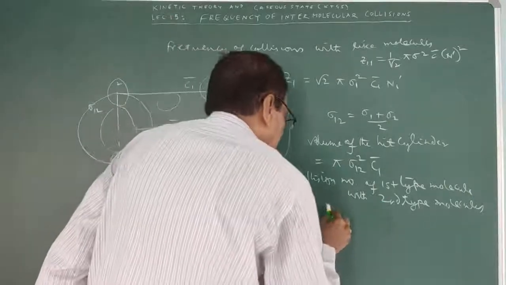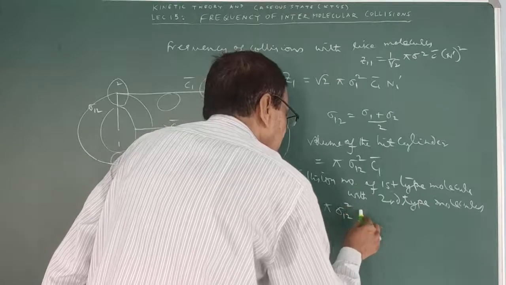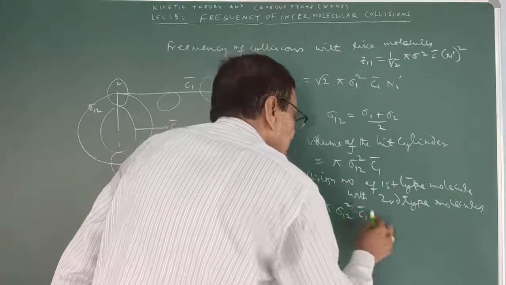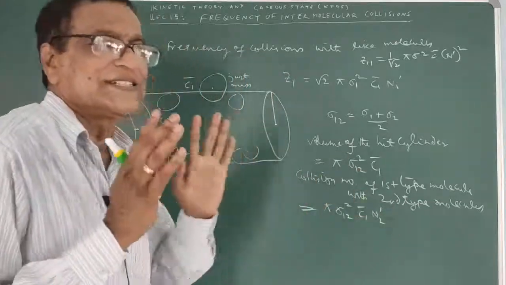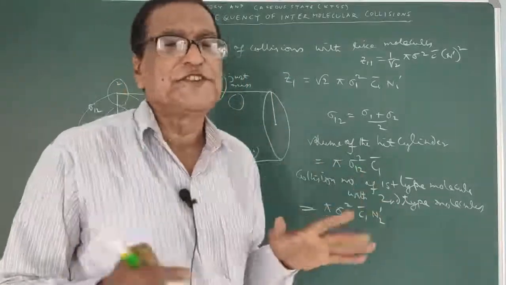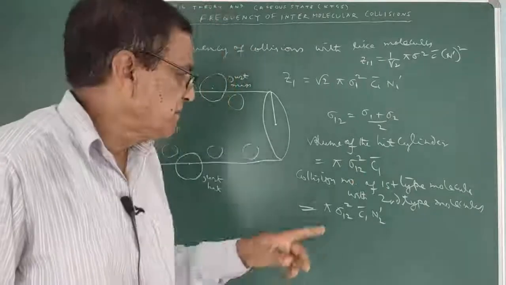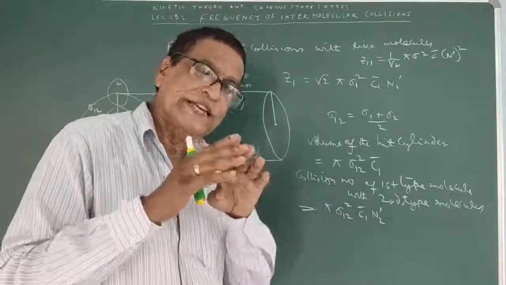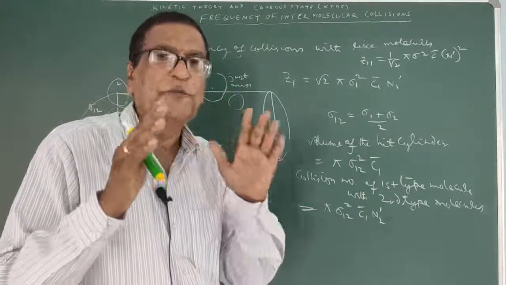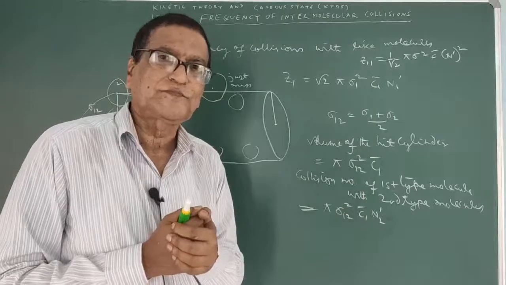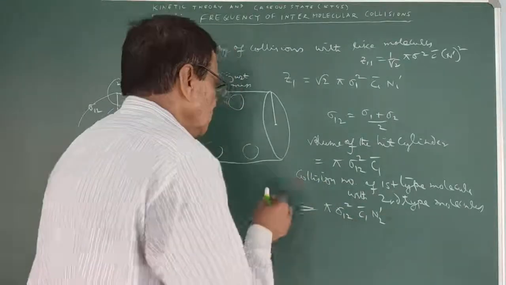Say, pi sigma 1 2 square C1 bar N2 dash. N2 dash is the number density of second type molecules, meaning the number of second type molecules in unit volume of this gas.